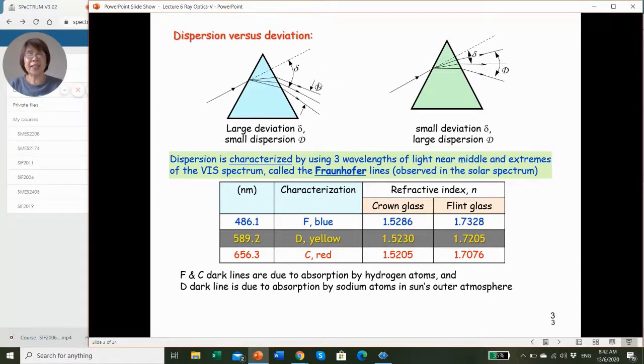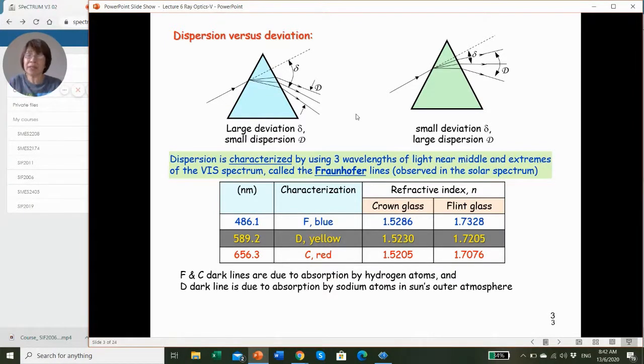Whereas the dispersion here, which means the spread of the extreme wavelengths in the visible range, for example, is small, whereas over here it is larger.